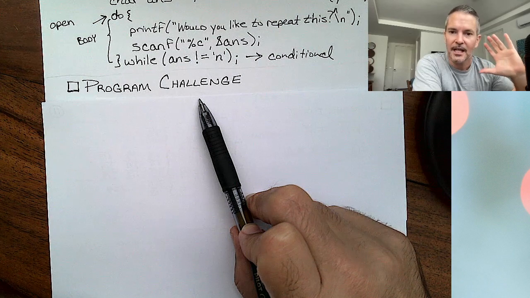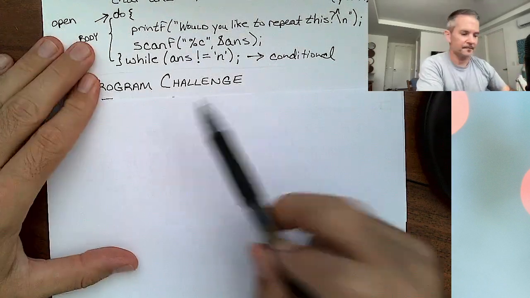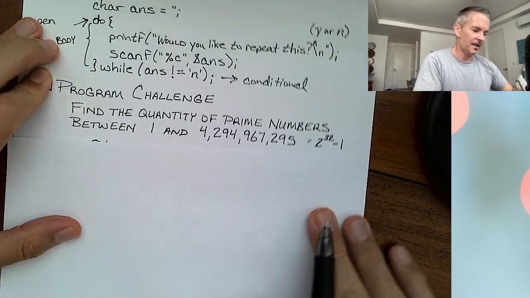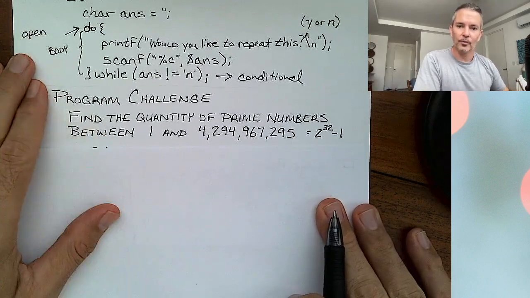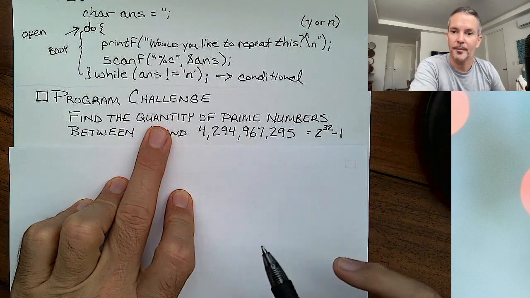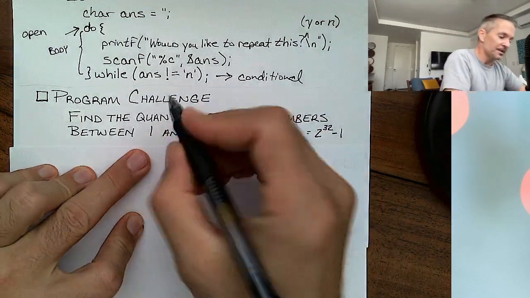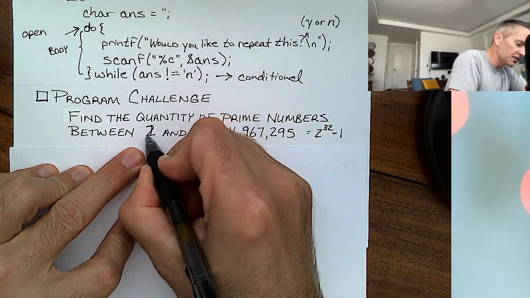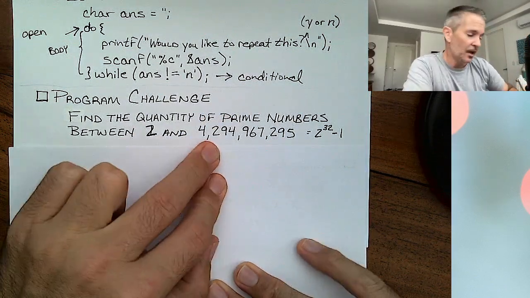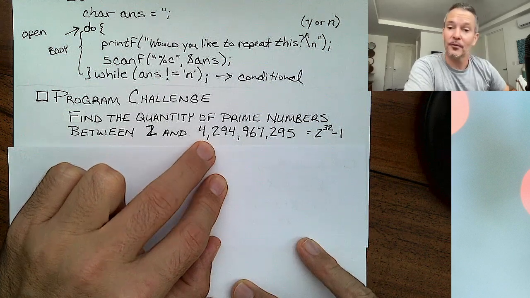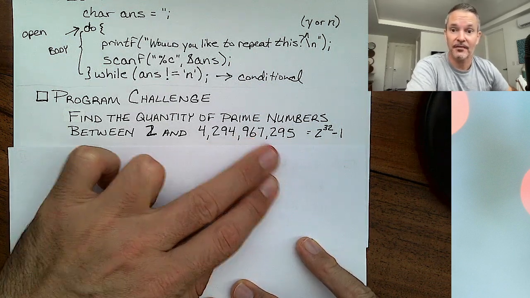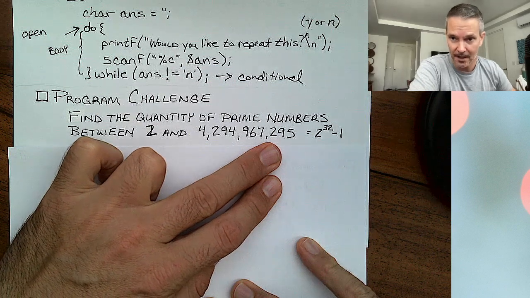All right, what is the program we're going to solve? This is a simple challenge. I want you to write a program that will find the quantity of prime numbers that exist between 2, which is the first prime number, and 4,294,967,295.